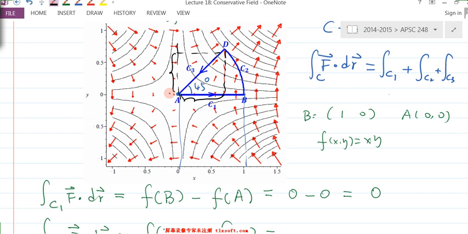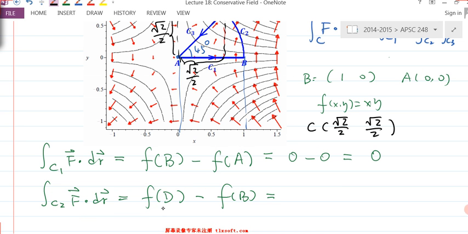Cosine 45 equals sine 45, which is root 2 over 2.